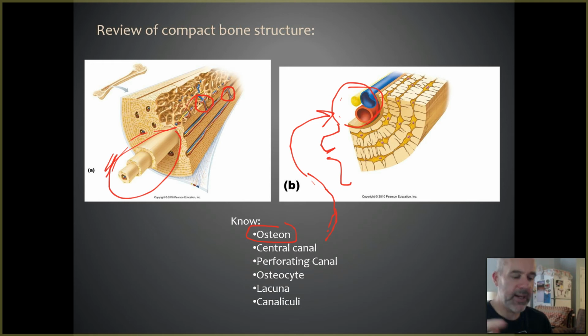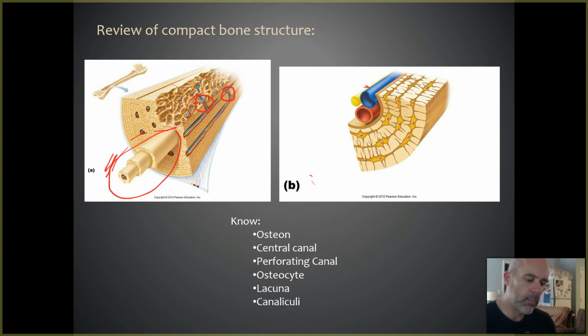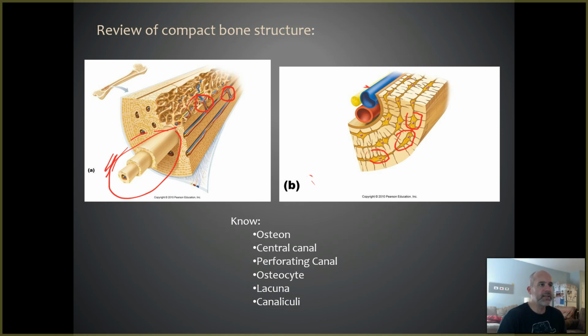The osteocytes, remember cyte, C-Y-T-E, refers to cell. So right there you got an osteocyte, there's one over here, there's one over here. They're sitting along those rings within the osteon. And remember that the osteocytes have little appendages that pass through canaliculi.